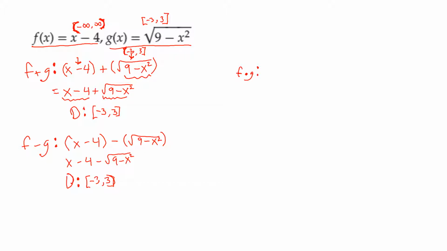All right, so if I'm multiplying, I'm going to say x minus 4 times square root of 9 minus x squared. All right, taking this, we can now distribute this in here, or you could leave it so that these are in parentheses outside of the square root.